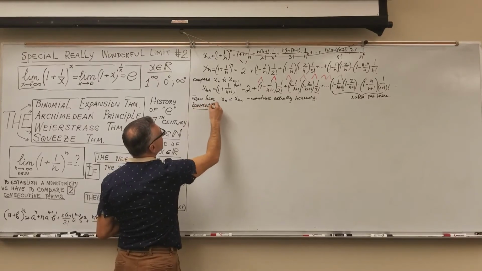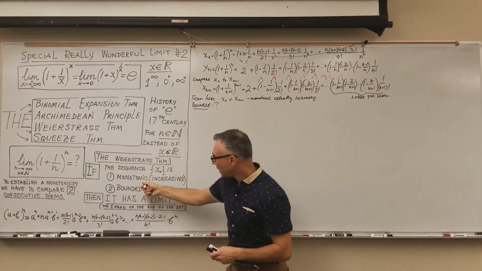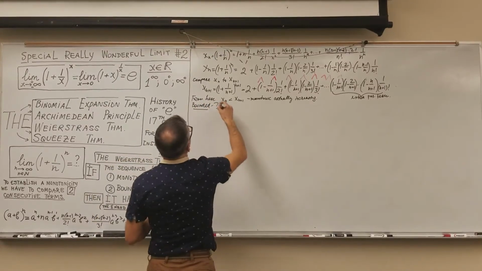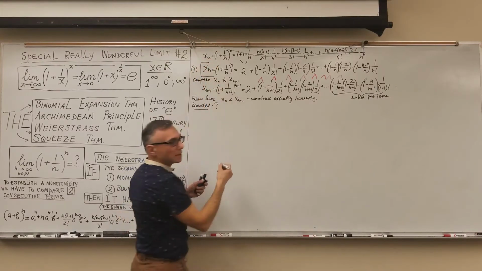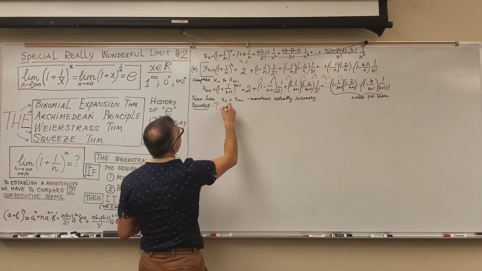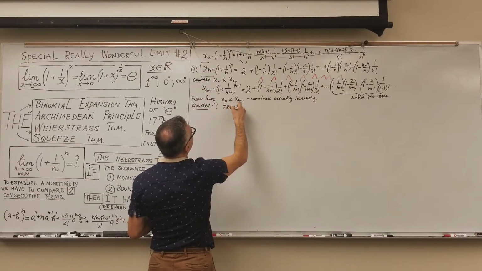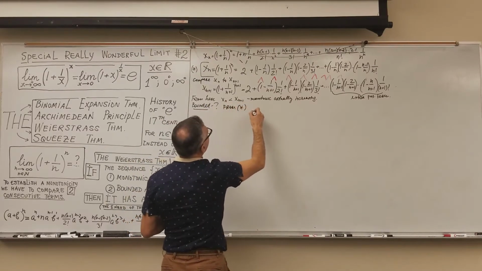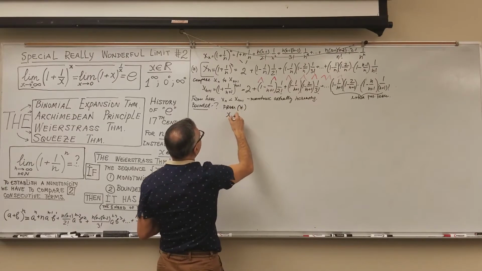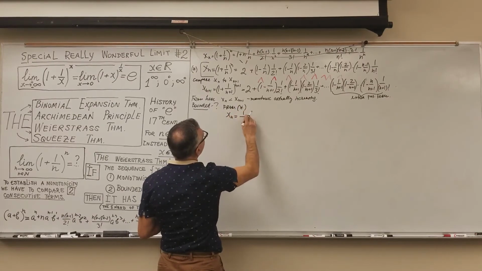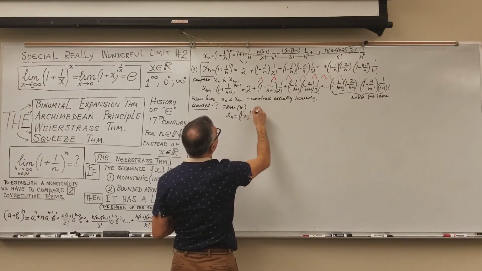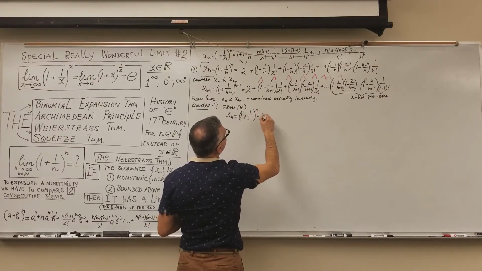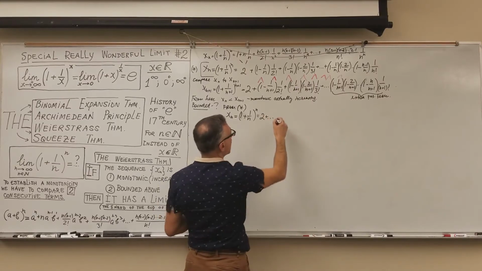Bounded. Let's establish that. So monotonic and bounded above. Let's look at the star expansion. From the star, my x sub n is equal to (1 plus 1 over n) to the power of n, and it's equal to 2 plus all that long summation.